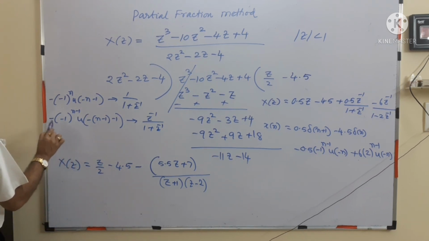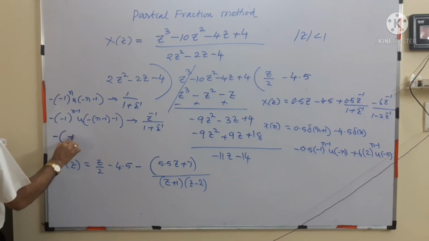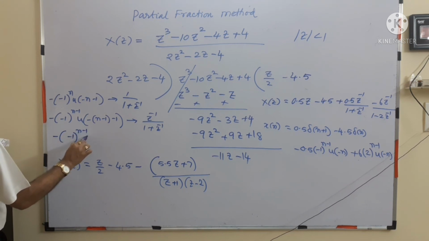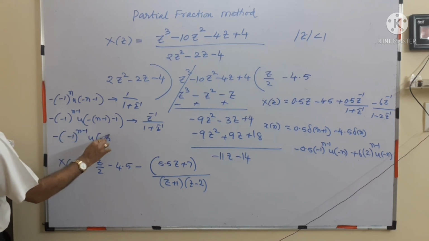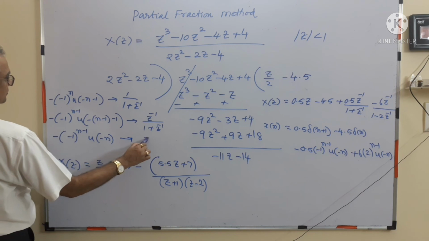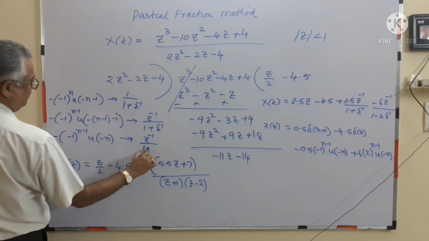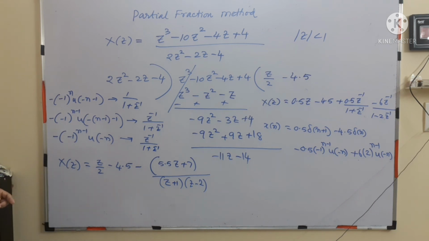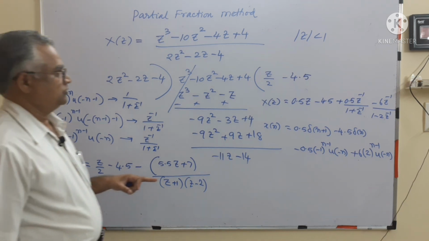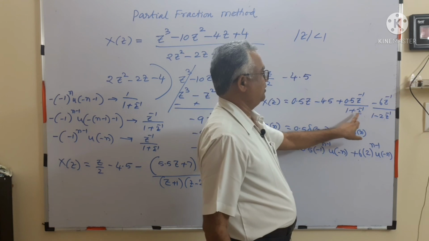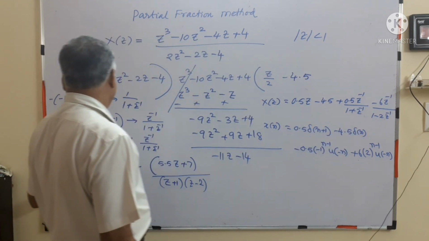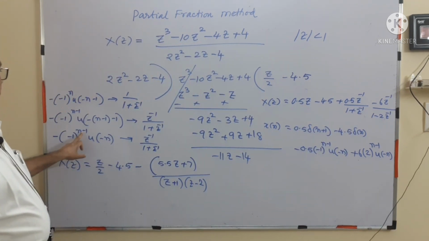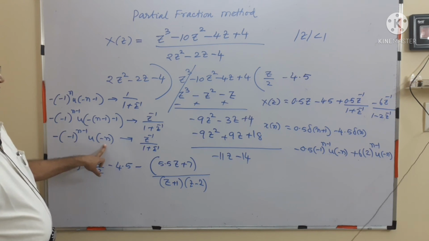So this term, z inverse by (1 plus z inverse), corresponds to minus 1 to the power of n minus 1 u of minus n.